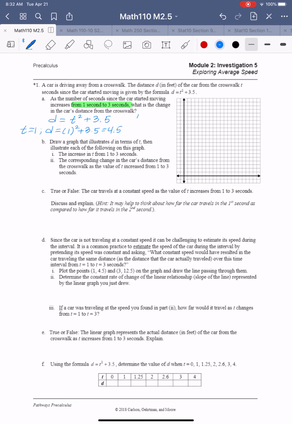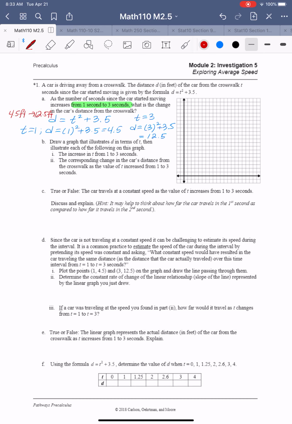And t equal to 3 gives 3 squared plus 3.5, which becomes 12.5. So for number 1a, when the time changes from 1 second to 3 seconds, the distance changes from 4.5 feet to 12.5 feet.